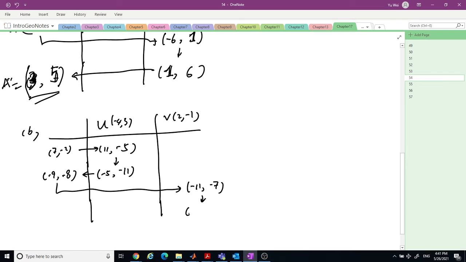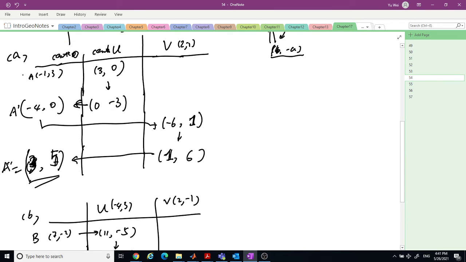Now we convert back to -7 and 11. Now we convert back, so we subtract 2 before. Now we need to add 2, which is -5, and we subtract 1, which gives 10. Okay, so this is B prime prime, this is B, and A prime prime and A.